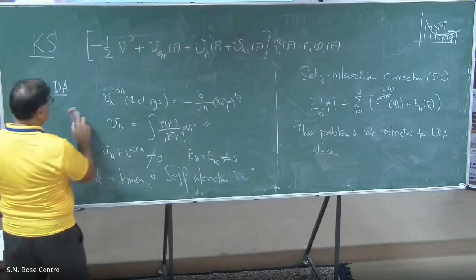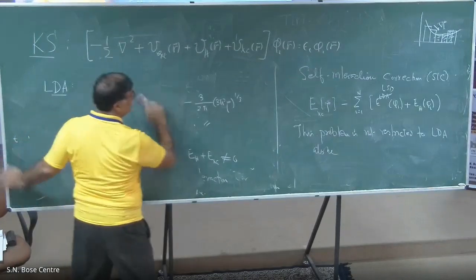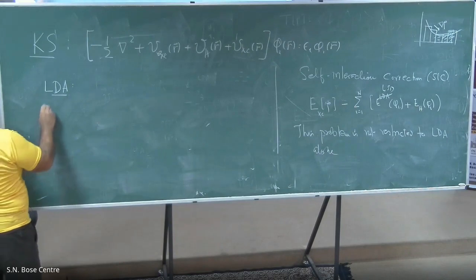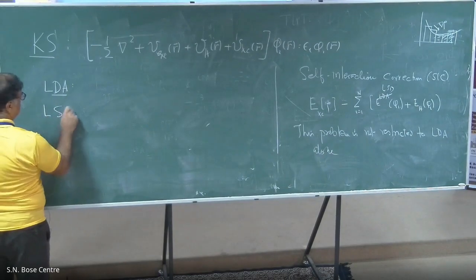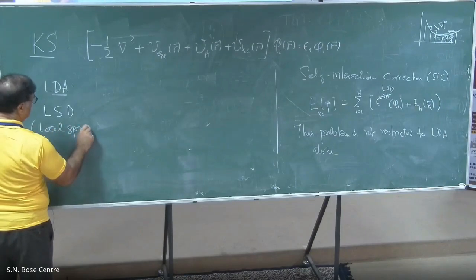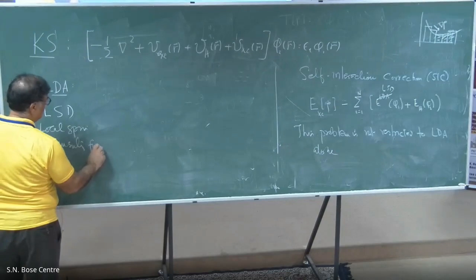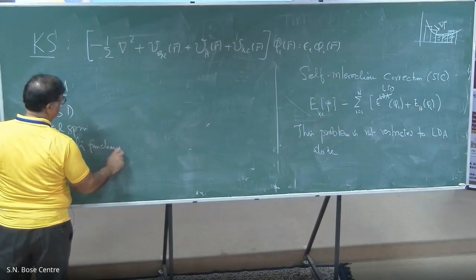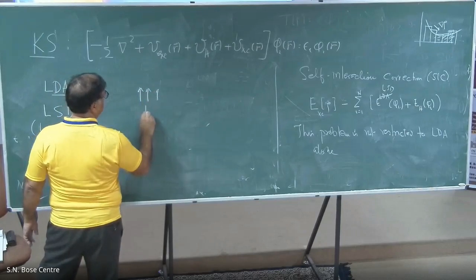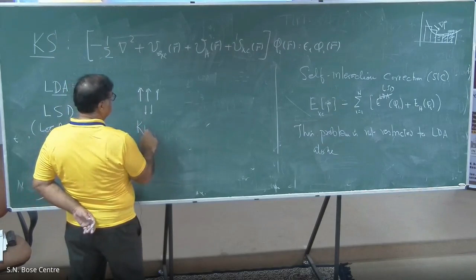So for example, I have a few up spin electrons and a lesser number of down spin electrons. Let's talk about kinetic energy.